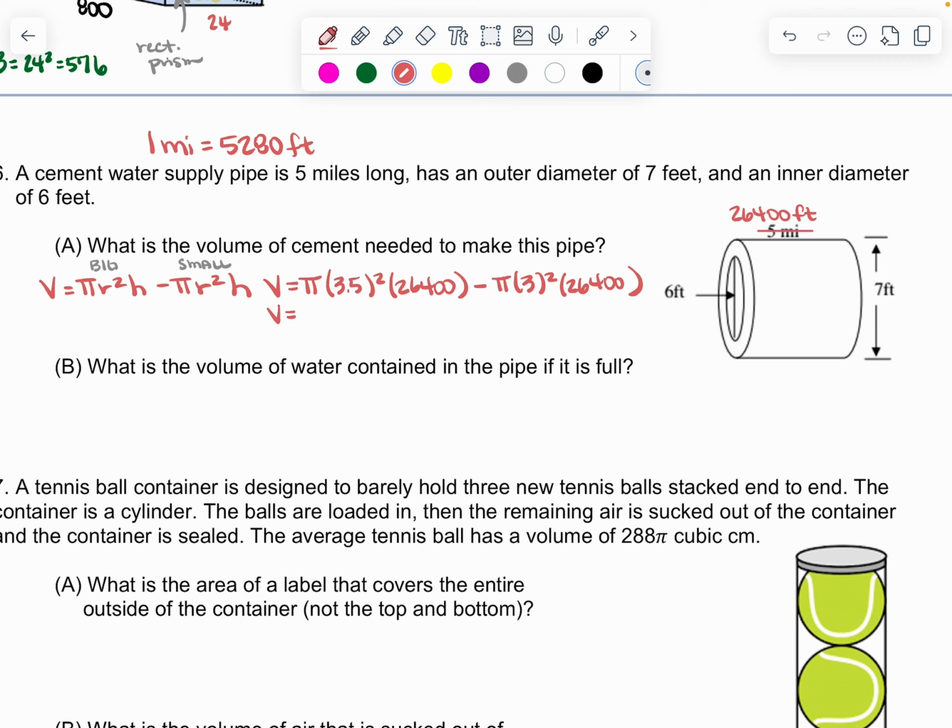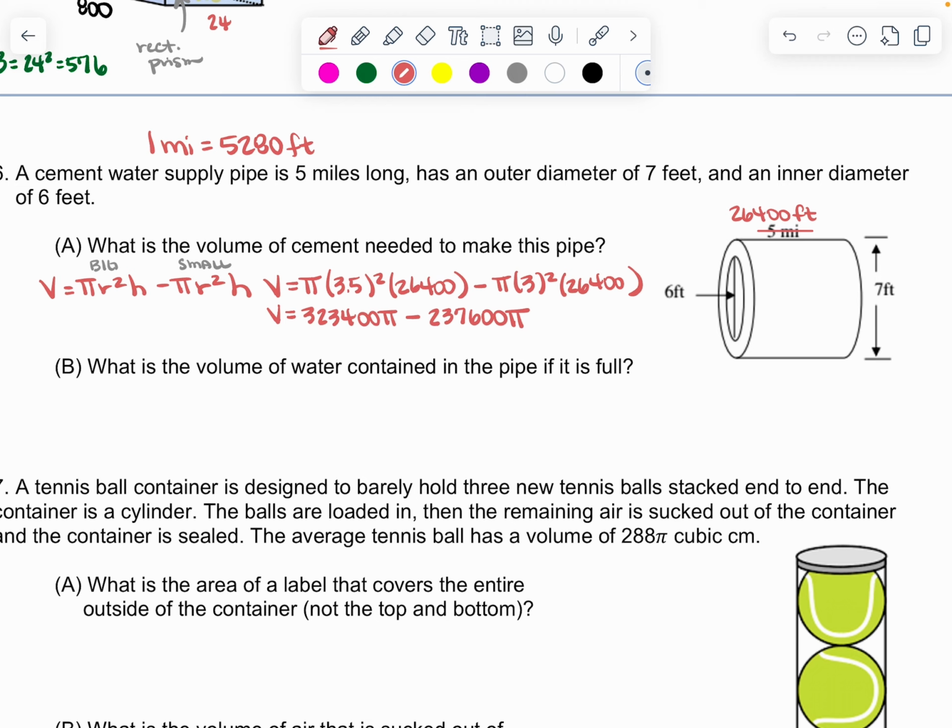And then I'm essentially just throwing that all in my calculator. I'm going to get some really big numbers. So 3.5 squared times 26,400. So that's going to give me 323,400 pi. And then we're subtracting 3 squared times 26,400, which gives me 237,600 pi.